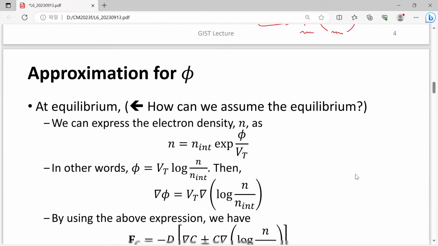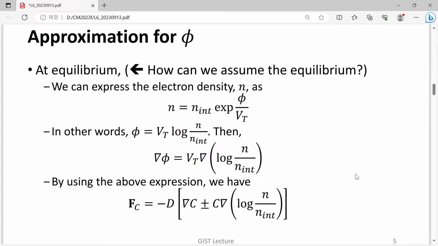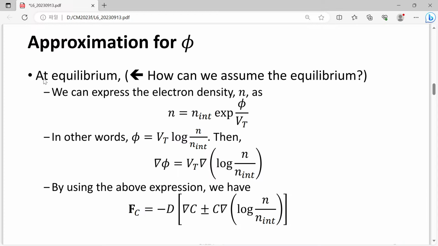Now let's go to this page. How can we express this phi? In this work, we will just assume the equilibrium case. Please note that this is a real assumption. When you actually do the semiconductor process and fabricate your device, your system is not in equilibrium.